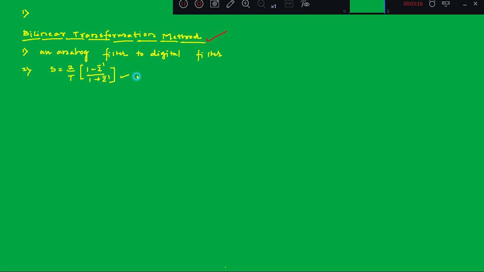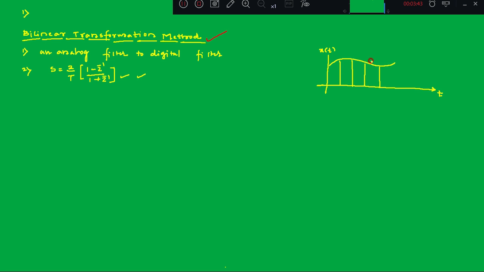To derive this, let us consider a continuous time function x of t. So basically this is like this, right? Now let us sample this one, like this.